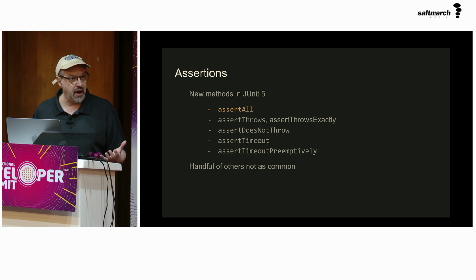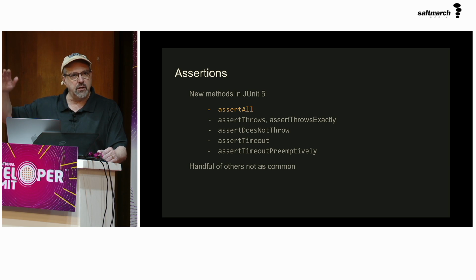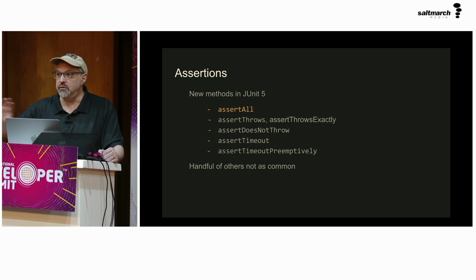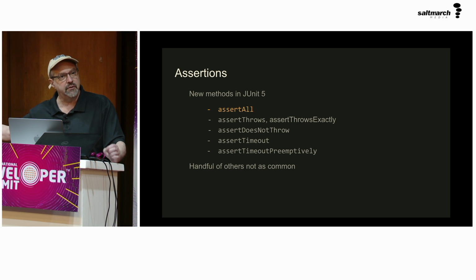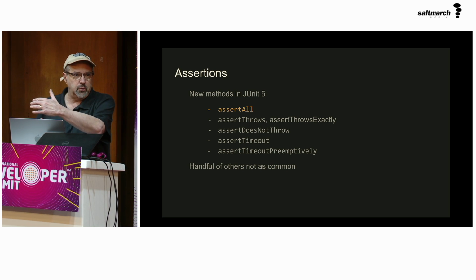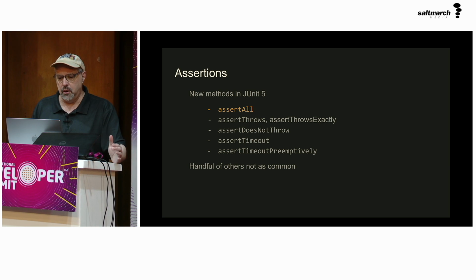I want to test all 5. assertAll guarantees that all the included assertions are run even if one or more fail. And I'm going to show you that. I use that all the time, especially when I'm testing RESTful web services, when I'm getting back an object with lots of properties, and I want to check them all.